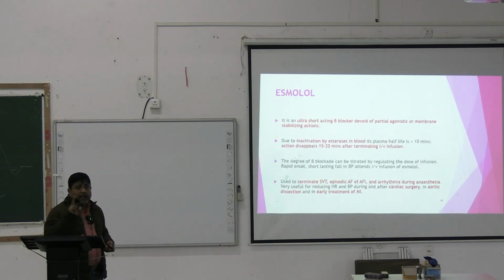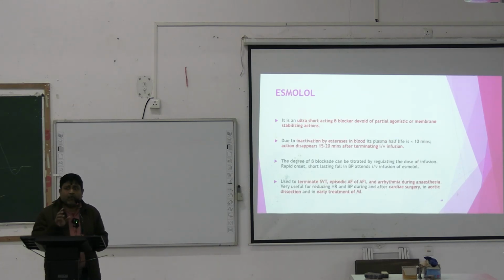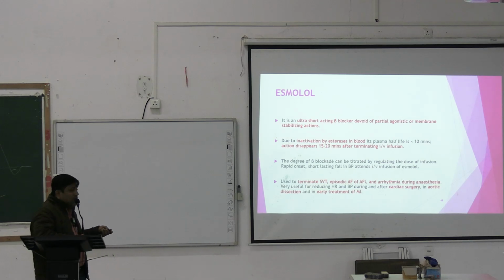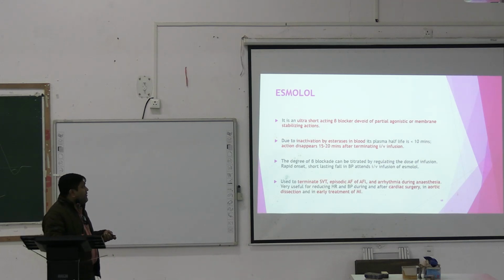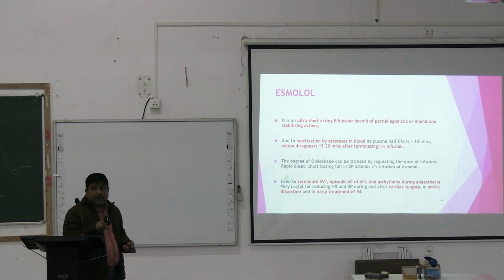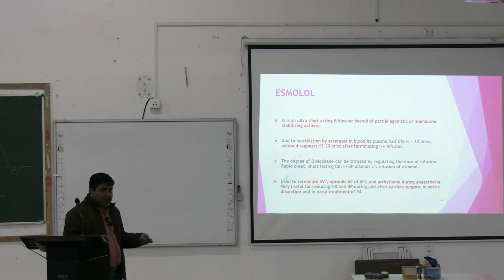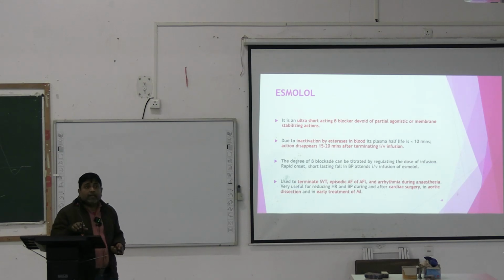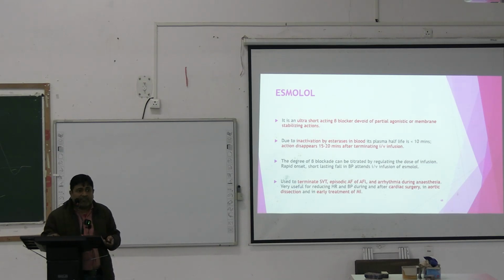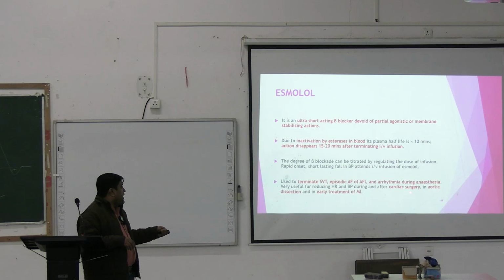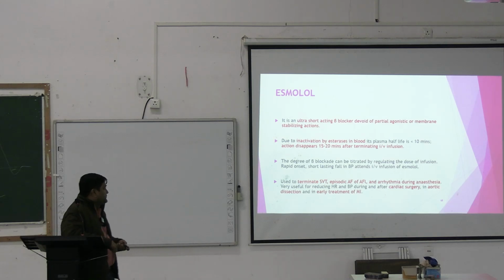Esmolol is an ultra short acting beta blocker used intravenously. Half-life is less than 10 minutes. Action terminates in 15 to 20 minutes. So, it is used in patient to terminate supraventricular tachycardia in emergency condition, to terminate episodic atrial fibrillation, atrial flutter, and arrhythmia during anesthesia.